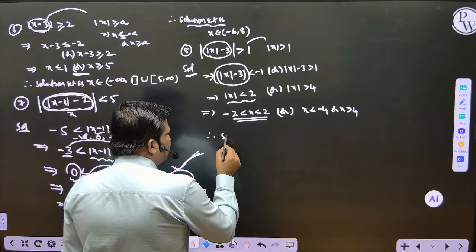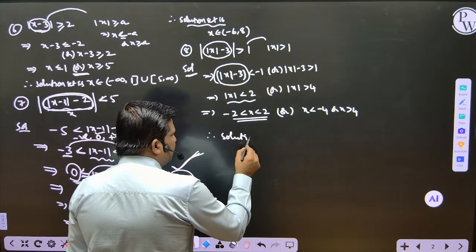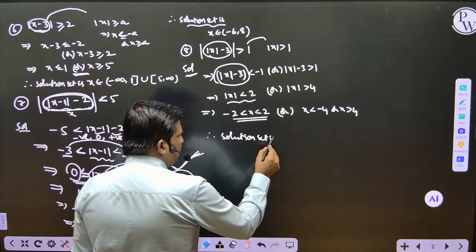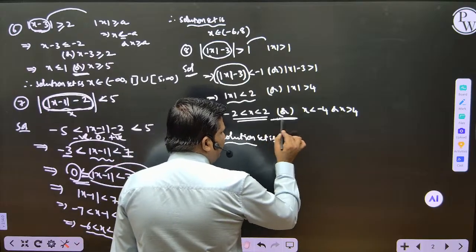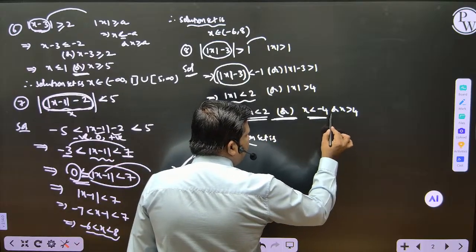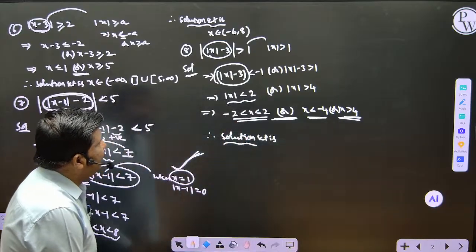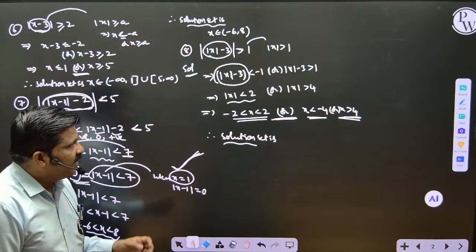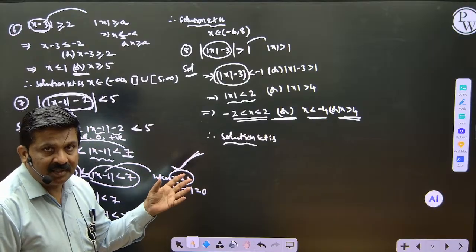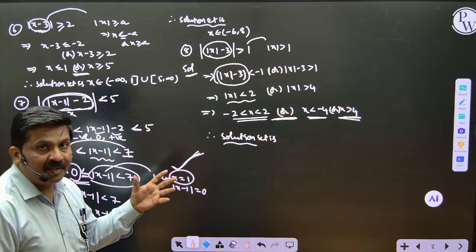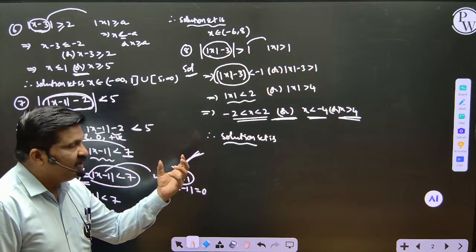Therefore the solution set: the connecting words here are OR. OR means you take a union of the solutions.